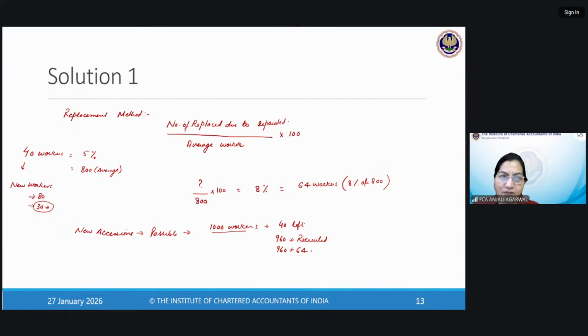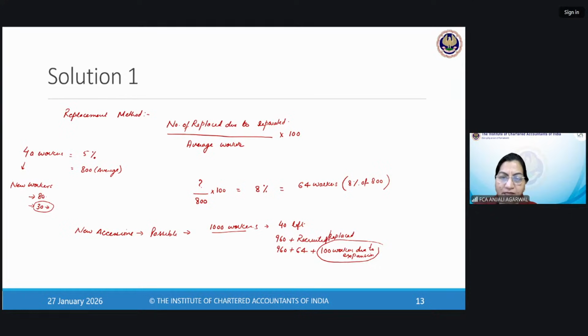But it is also possible that the organization has gone for an expansion. So they recruited another 100 workers due to expansion. Okay. So these 100 workers due to expansion will not be counted as replaced. They are recruited, but they are not replaced.